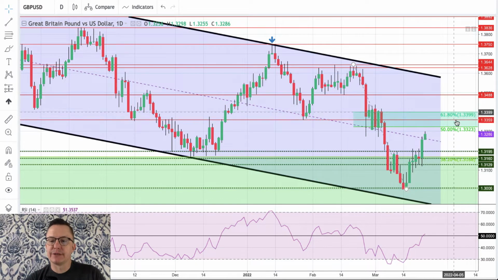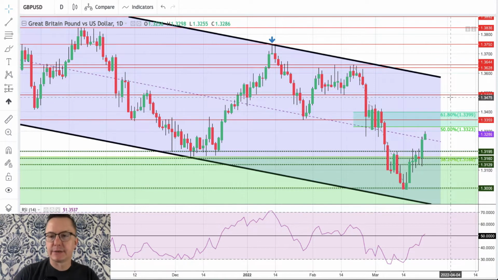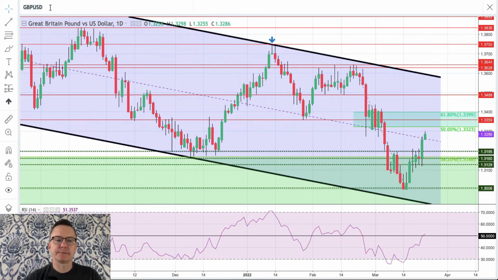Of course, those levels are one above and the second below the key short-term technical resistance at 1.3359. So please be aware of the fact that there might be increased bearish activity between these levels. If 61% is violated, then the next technical resistance is seen at the 1.3488 level.